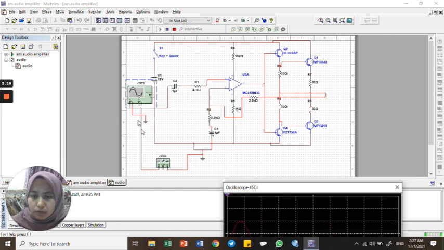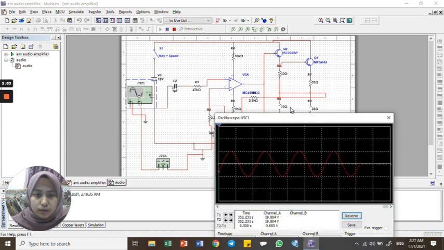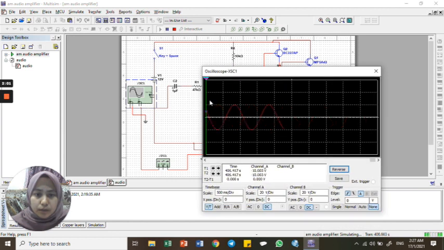Pin number 1 is connected to transistor Q2 and transistor Q4. After we finish constructing the circuit, we run it and the output sine waveform appears like this. Thank you, Tengku.